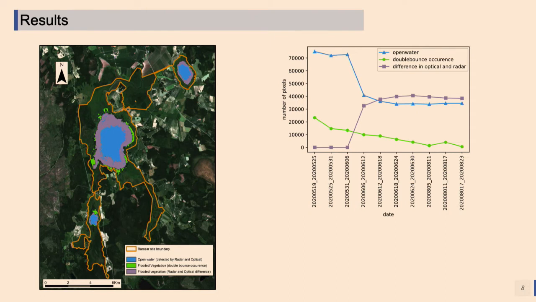to not only the open water in these wetlands, but we can also see the flooded part of the vegetation inside the wetland. So one of the 2 different types of flooded vegetation that we already detected is by the difference between the radar and optical, and the other type of flooded vegetation, with light green color in the image, is the area that we have double bouncing.